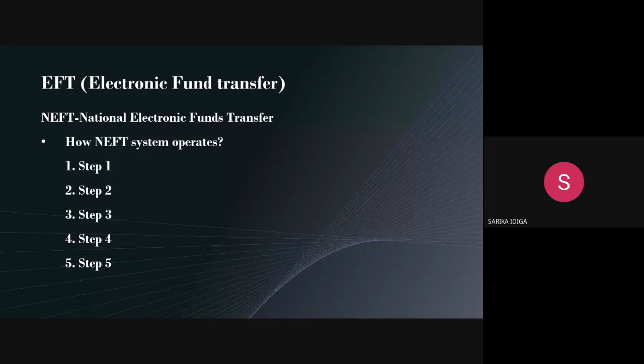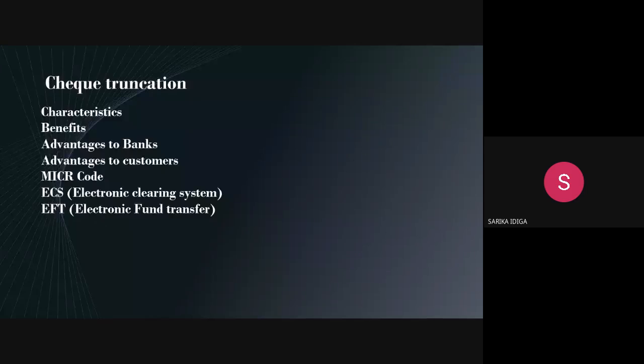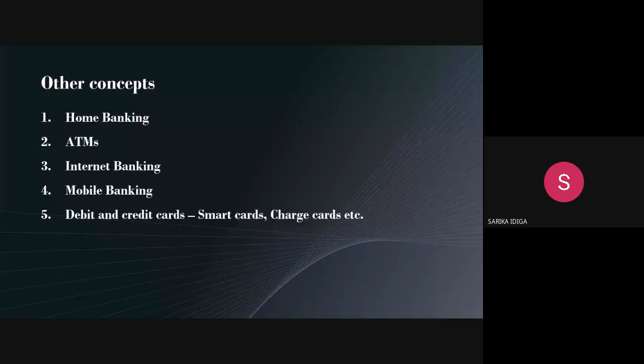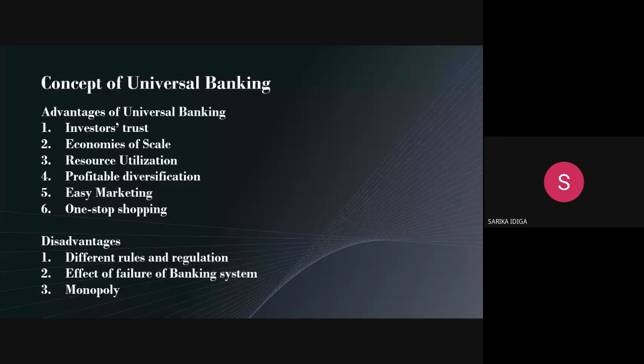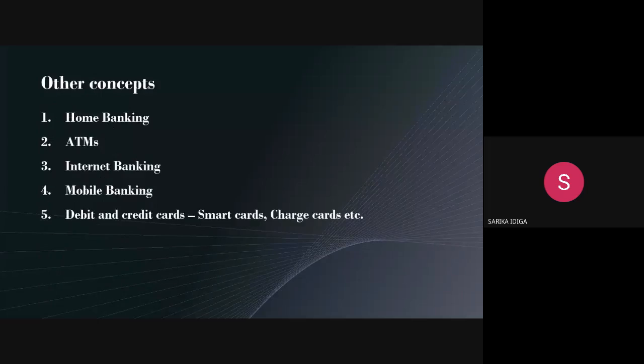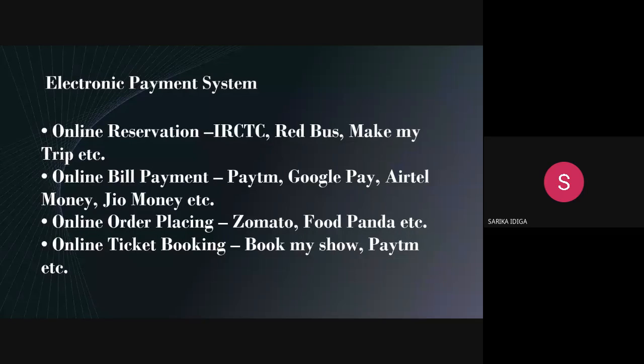One new concept, not a difficult one, which we learned about was universal banking. So any doubts related to today's lecture regarding this? Universal banking, what is that? How is it useful? Or any other concepts? Electronic payment system, or check truncation.